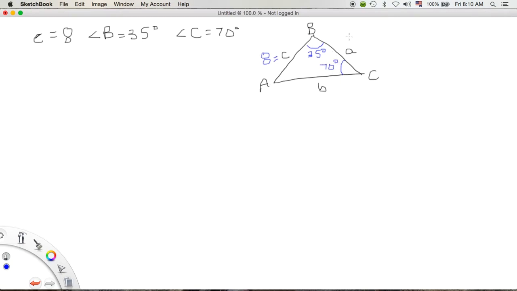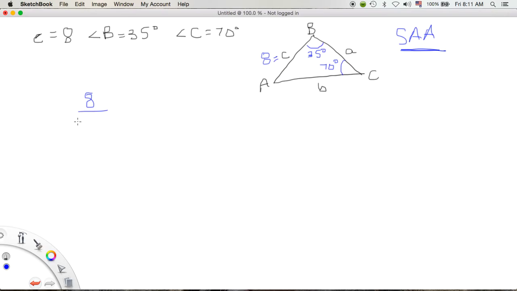So what is this? We have the side as we go around the triangle, and then we have an angle, and then we have an angle. So side, angle, angle, that's a time when we'll use the law of sines. We see that we have both the C components there. Since we're looking for side length, I'm going to put the side length on the top.